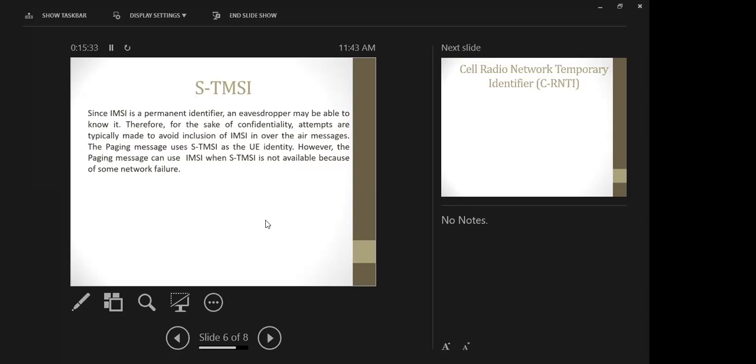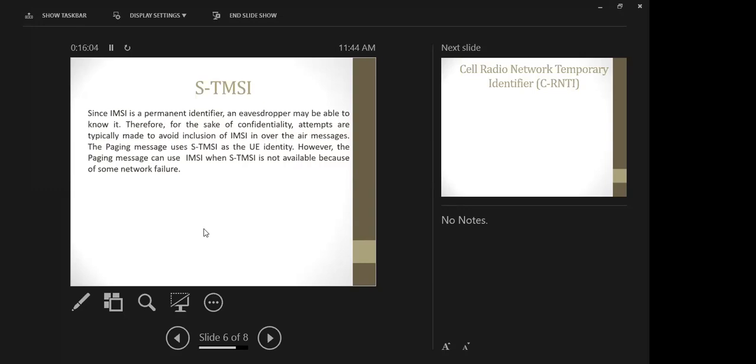In the case of IMSI, since it's a permanent identifier, there is a chance that an eavesdropper or some miscreants will try to find out your IMSI. When you start communication with the network, they will keep checking the signal because it's wireless, and the signal is already in the air.